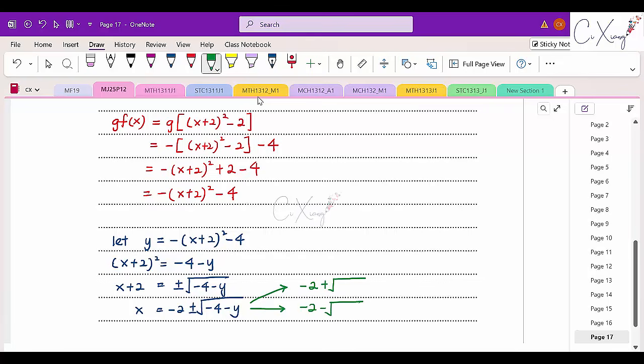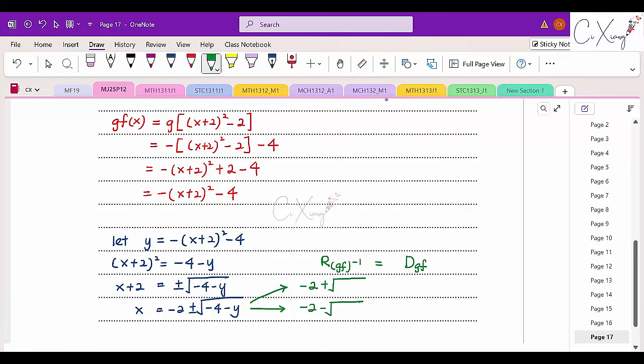So which one do you think should be the correct function to be chosen? Yeah, right. So again, you need to know that this whole thing is basically talking about the range of the inverse function GF. And it is basically equal to the domain of the composite function GF.